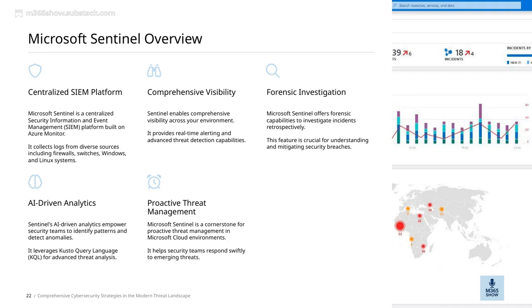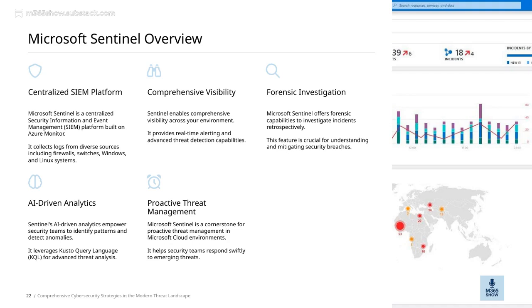Sentinel's AI-driven analytics play a crucial role in this. They empower security teams to identify patterns and detect anomalies that might otherwise go unnoticed. This advanced detection capability relies heavily on Kusto Query Language, or KQL, which allows for sophisticated threat analysis. It's like having a powerful detective tool at your fingertips.